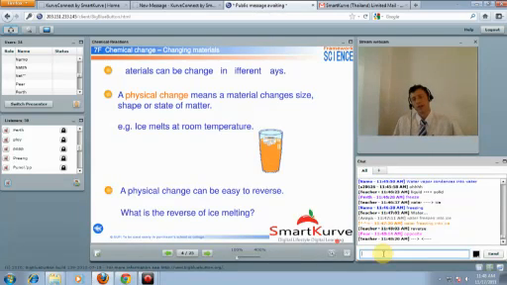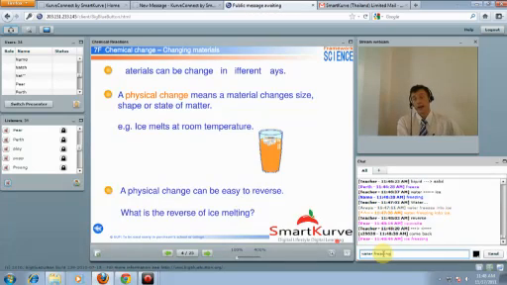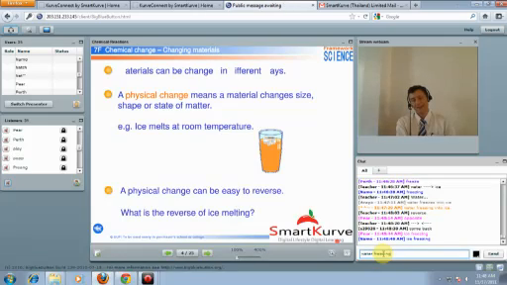What is the reverse of ice melting? Close. Not ice freezing. Ice freezing? Ice is already frozen.